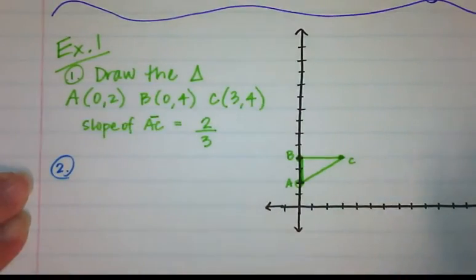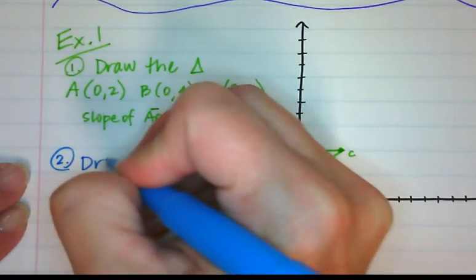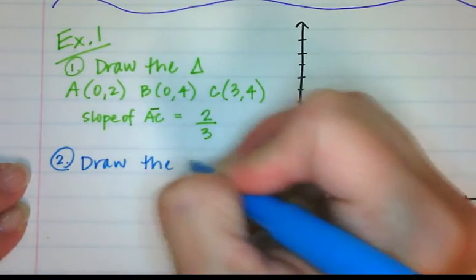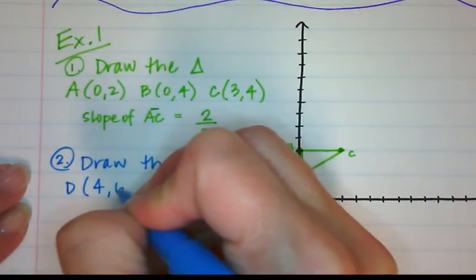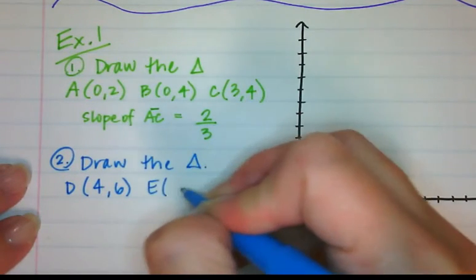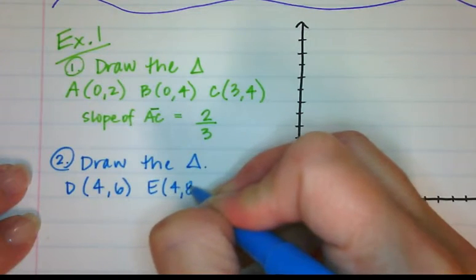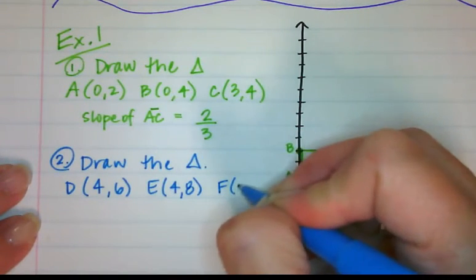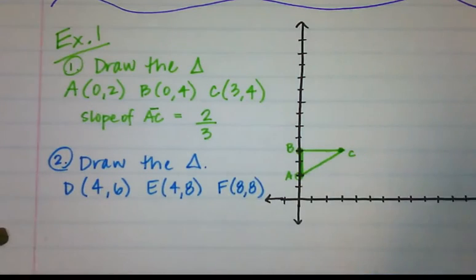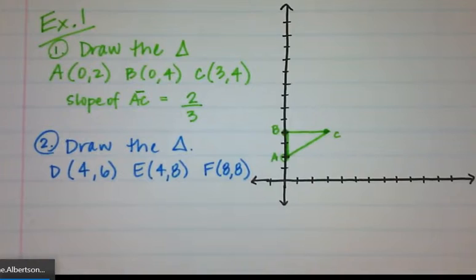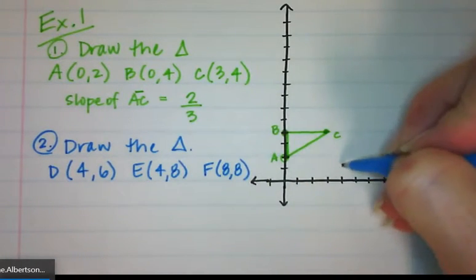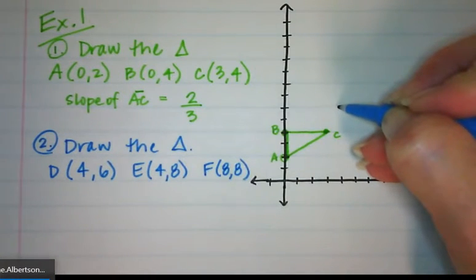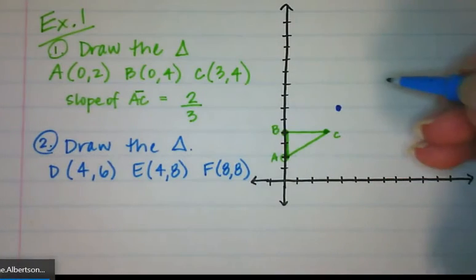So here's your second triangle. So we're going to draw the triangle D, which we'll say is at 4, 6, E, which is at 4, 8, and F, which is at 8, 8. So again, we're going to sketch this triangle as well. So 4, 6, so that means right 4 and up 6, which I think should be right about there.